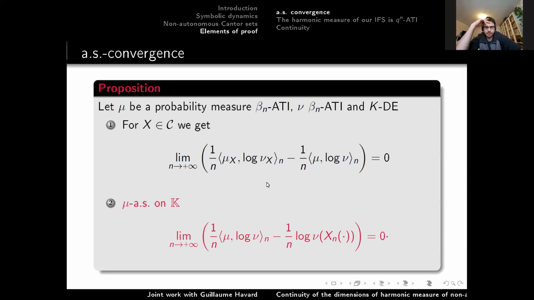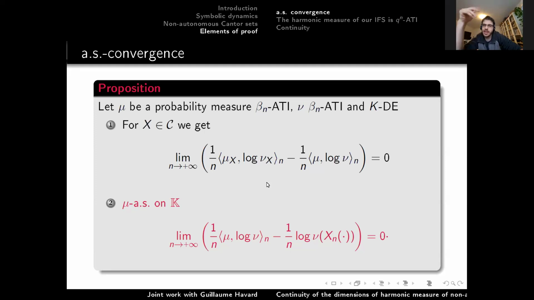This second point that you prove seems to be a non-autonomous version of a classical result in information theory. That's exactly what I tried to prove using this probability formulation. Yes. This quantity on the left is sometimes called relative entropy or the Kullback-Leibler divergence.